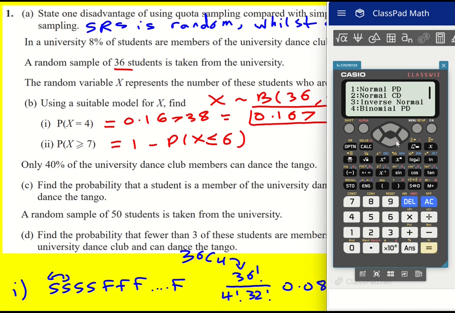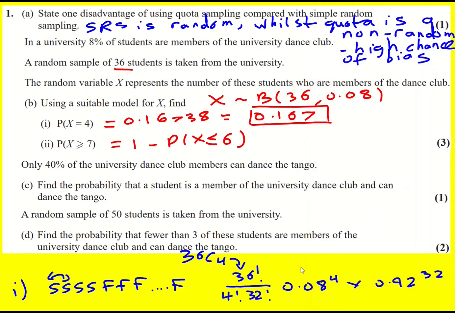Back to distribution, and it's the binomial CD. Okay, calculator stores some of this really helpfully. So we've just got to change that to a 6, and it's going to be 1 minus 0.977 and so on. Which then gives 0.022233 or 0.0222.